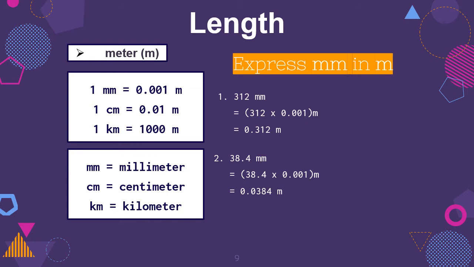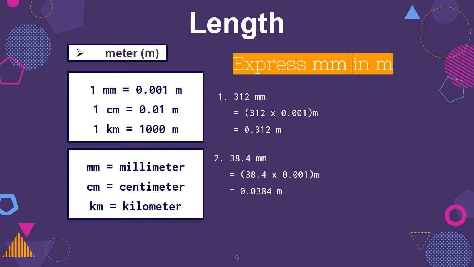So we have 312 millimeter, then convert it to meter. To convert 312 millimeter into meter, just multiply it by 0.001, since 1 millimeter is equal to 0.001 meter.